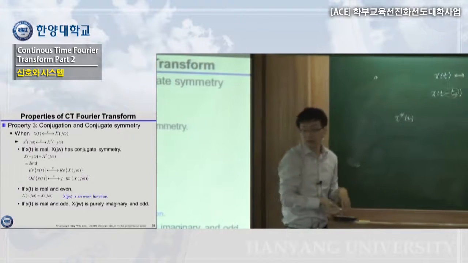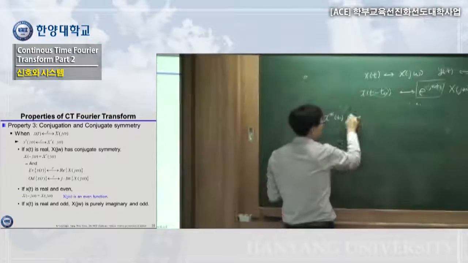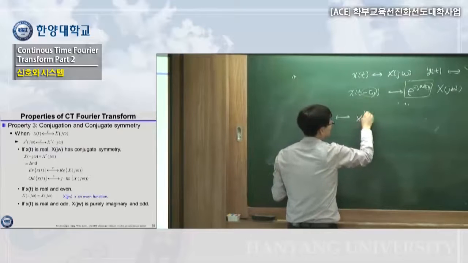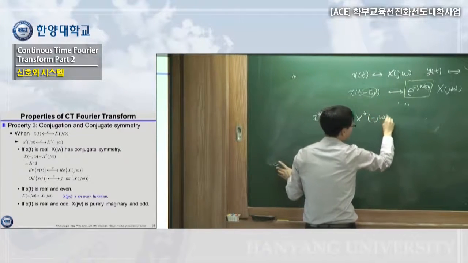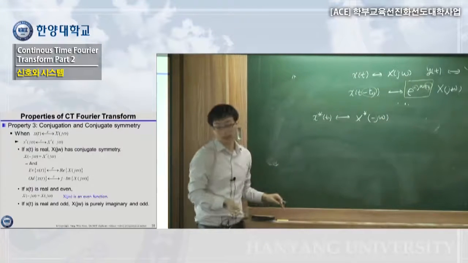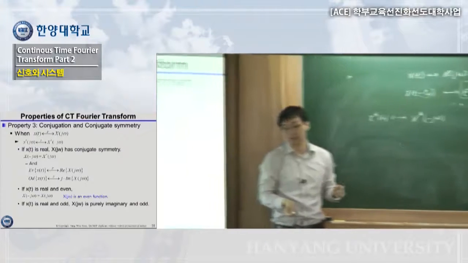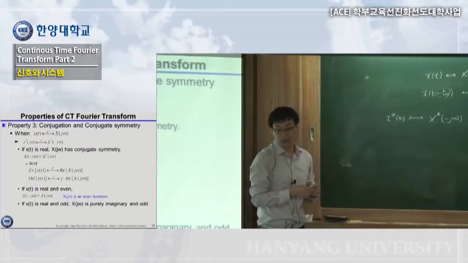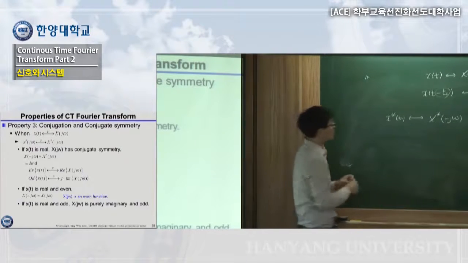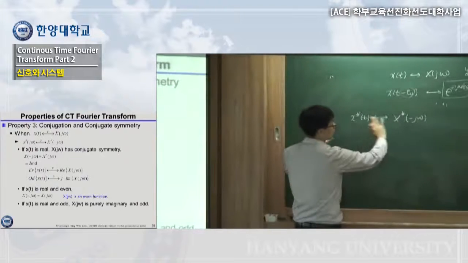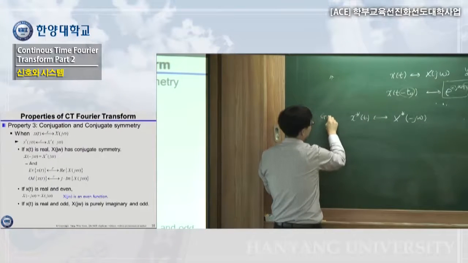There will be X star of minus j omega. That's how we define it. So this is the general case.